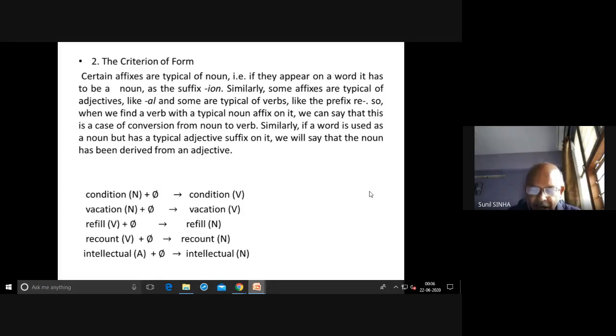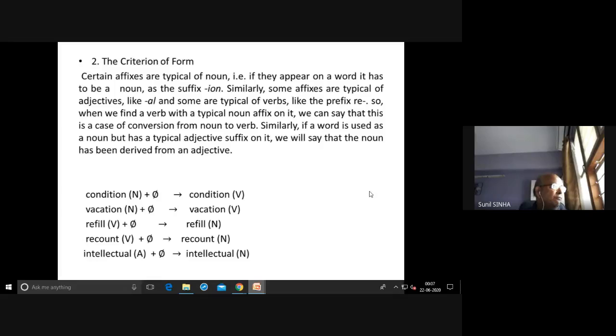Recount means count again. Because there is re as a prefix on fill, therefore this is a verb. Basically a verb. Because re is a prefix in recount, this is basically a verb because re can be added to a verb. So refill and recount both are verbs.